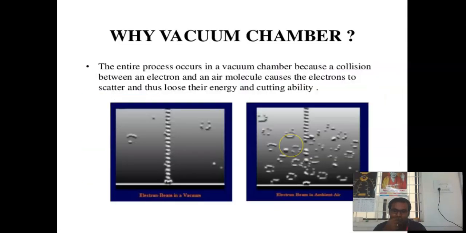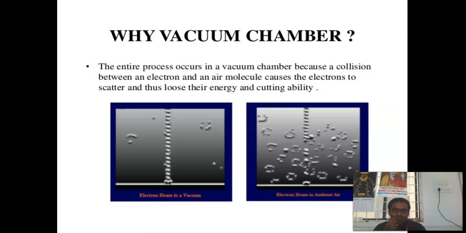Next, why does the process have to be done in a vacuum chamber in the case of EBM? The entire process occurs in the vacuum chamber because a collision between an electron and an air molecule causes the electron to scatter and thus lose energy and cutting ability. The first image shows the electron beam process in the vacuum chamber. The next image depicts the electron beam in ambient air.